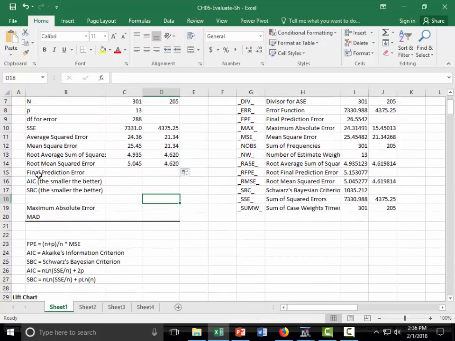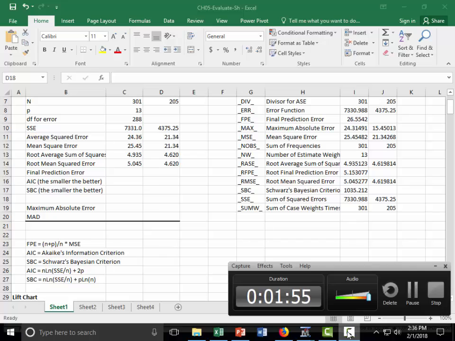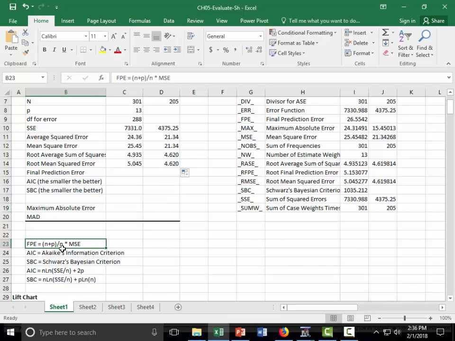Final prediction error is the first. This is somewhat like the adjusted R squared. Remember adjusted R squared in regression? It's something like that. It assesses a cost to the fact that you're increasing the model size.